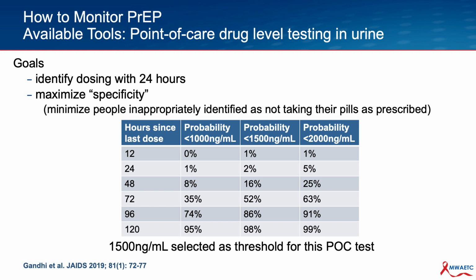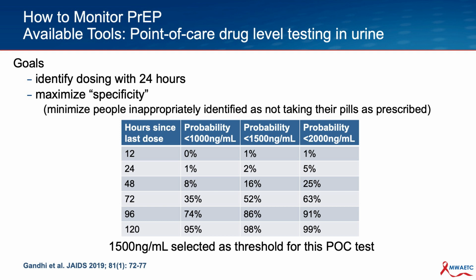So they wanted it to say, if this test says it looks like you haven't taken your pills in the last 24 hours, that people wanted to be pretty confident that that was true, rather than being more sensitive and identifying anybody who might have had some challenges taking their pills over the last few days, week, whatever.